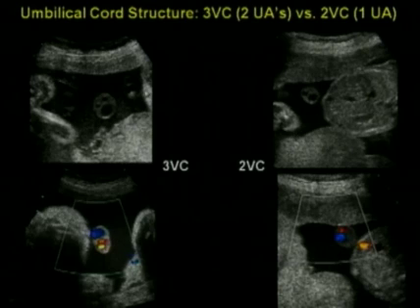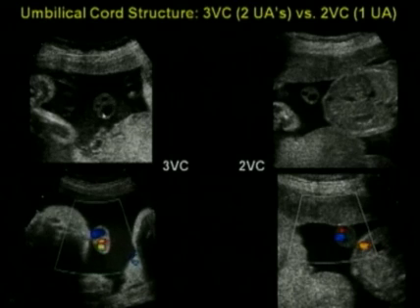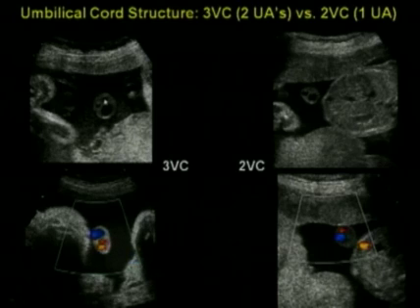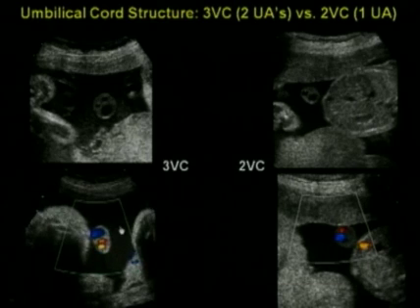We can see that on the normal case here, where you see a loop of cord surrounded by fluid. This larger black area is the umbilical vein. The 2 smaller black areas are the 2 umbilical arteries in cross-section. We can see it by turning color Doppler on the arteries, the 2 arteries and the vein, but it's not necessary. We can see it perfectly well in the 2D.